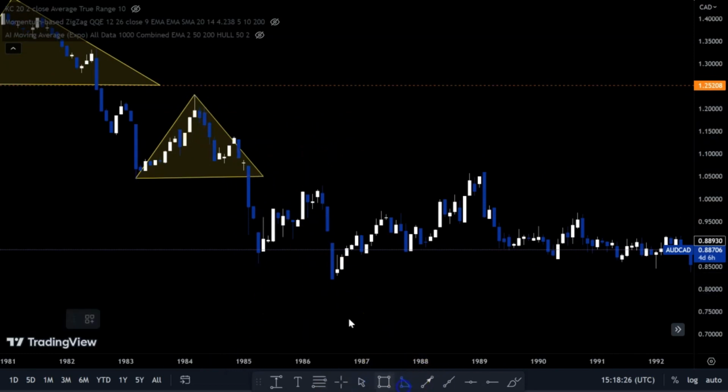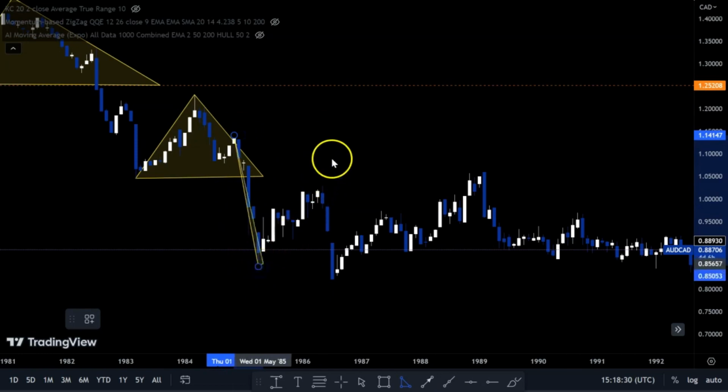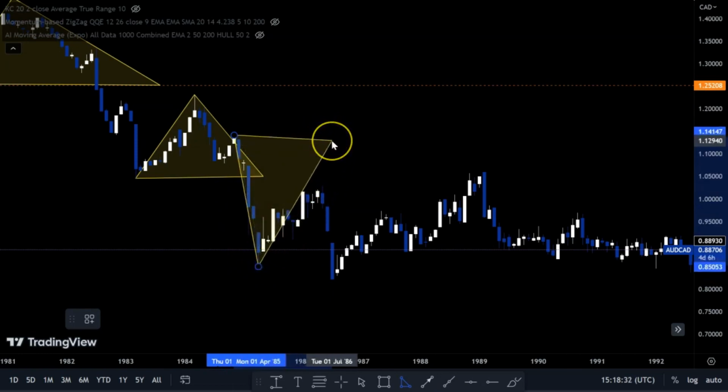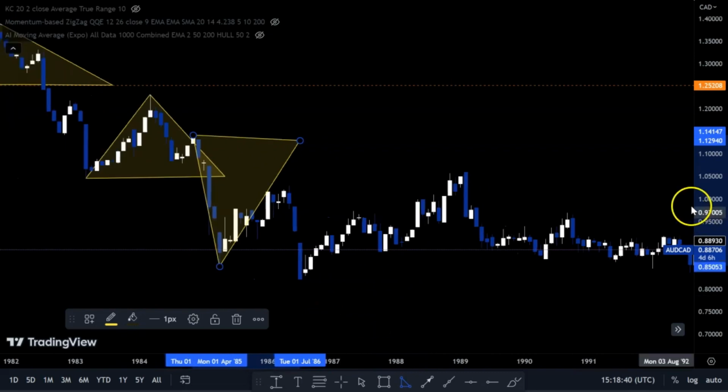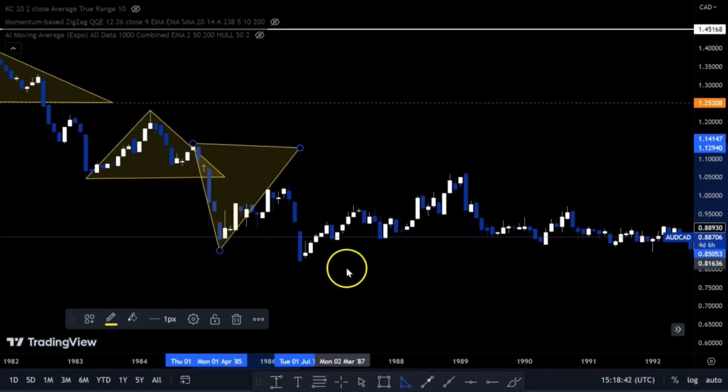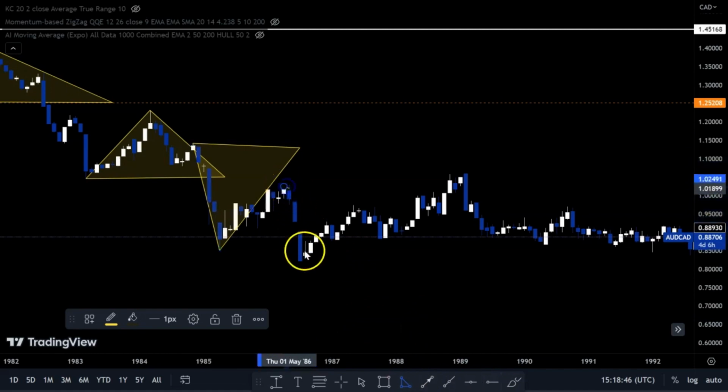Let me draw it for you. Forming a valley. If the valley was complete, we would have seen something like this. But you see that there was no completion of the valley. It broke down again, forming what again? A new valley. Forming a new valley down to this.